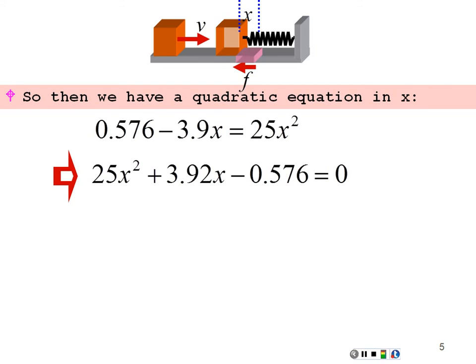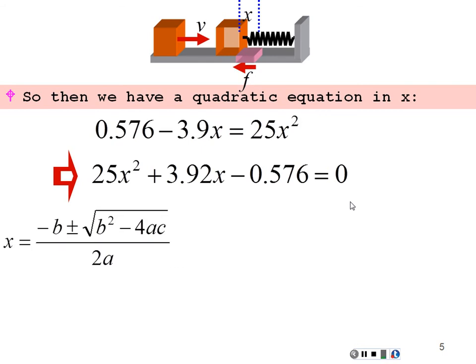Let's figure this out. Our coefficients, a is 25, b is 3.92, c is a negative 0.576. Put that into the quadratic formula. And we have x is equal to negative b plus or minus the square root of b squared minus 4ac, over 2a.